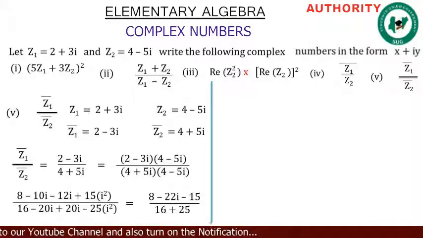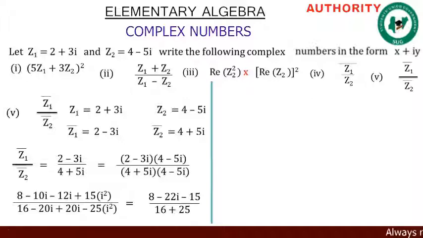So we'll have 8 minus 22i minus 15. All over, in our denominator we have minus 20i plus 20i, which gives us 0, and then minus 25i squared, i squared is minus 1, so minus 1 times minus 25 is going to give us plus 25. So in our denominator we're going to have 16 plus 25.